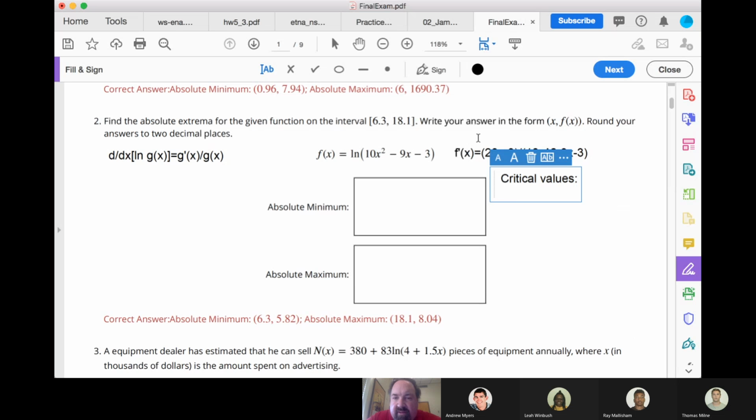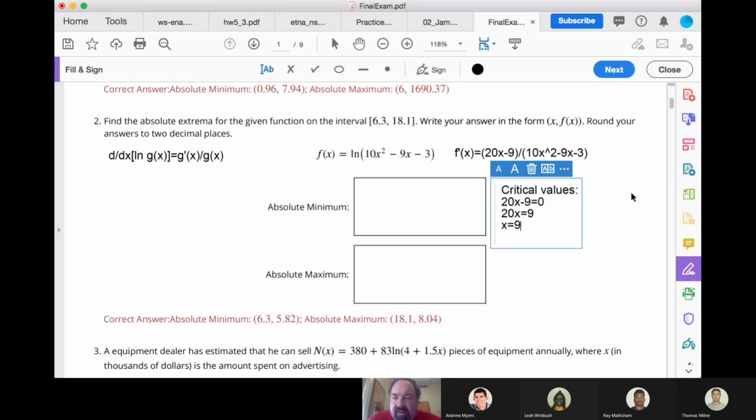Sorry, I need to move this. Okay. To see when this is equal to 0, you'd only look at the numerator. Something to keep in mind, whenever your derivative is a fraction, you want to see where it's equal to 0, just look at the numerator: 20x minus 9 is equal to 0.